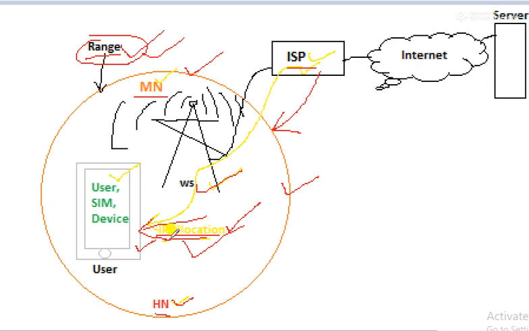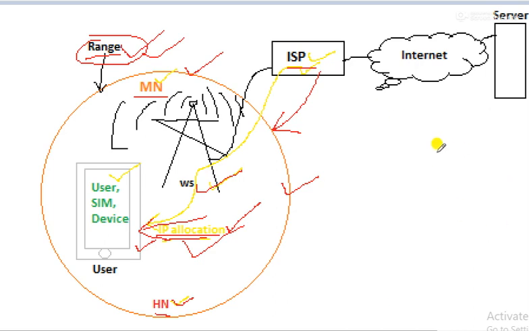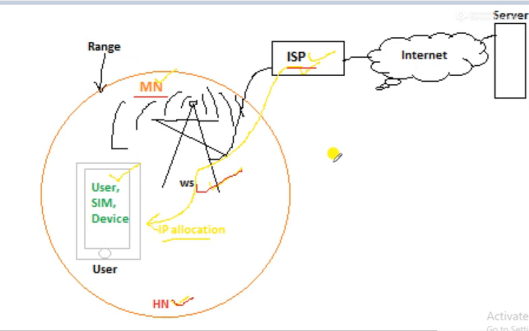Now here is the next point, the foreign network concept. As I already explained, what is the meaning behind a foreign network, or roaming network. So when this user enters the foreign network, or roaming network, let's see what will happen. I'm going to draw the same representation here.